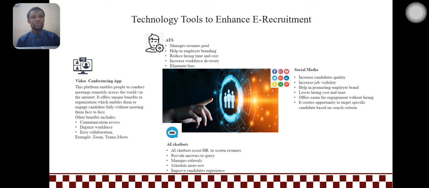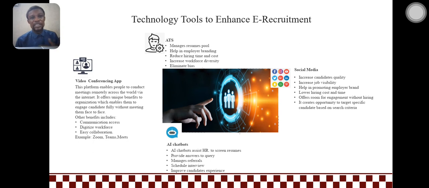on the e-recruitment process. And finally, we have the AI chatbot. Basically, an AI chatbot assists HR to screen resumes. It helps them provide answers to queries, manage referrals, schedule interviews, and also improve candidate experience.